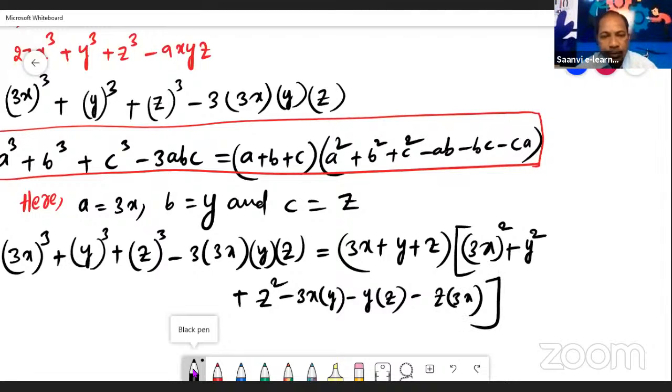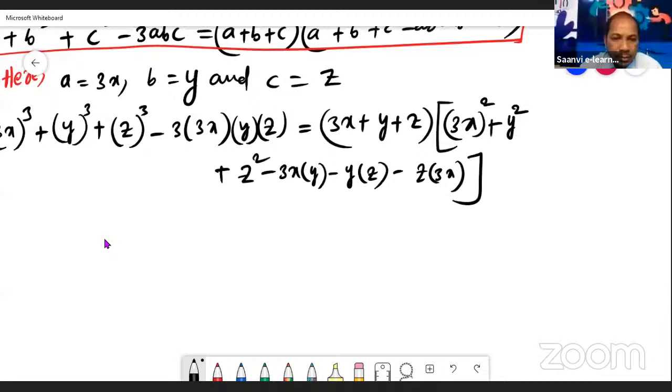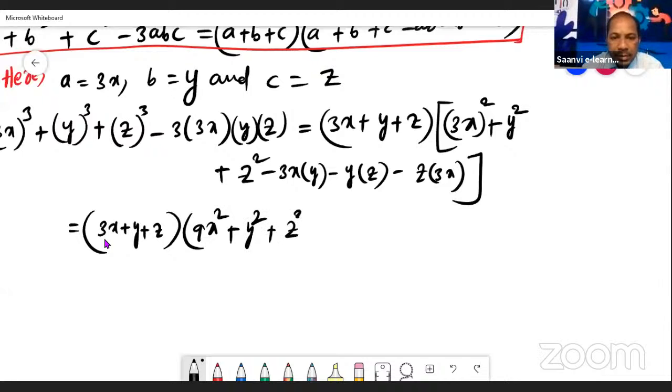So like this we have to substitute the values in the formula. Okay. So when we substitute the values in the formula, now see what we get here, (3x + y + z) is equal to (3x + y + z) into, here 3x whole square means it is equal to 9x square plus y square plus z square minus 3 into xy, 3xy minus y into z, yz minus z into 3x, 3xz.